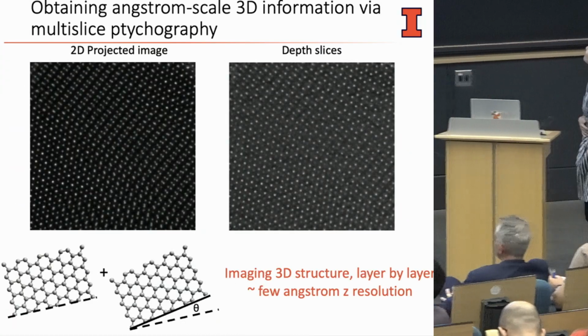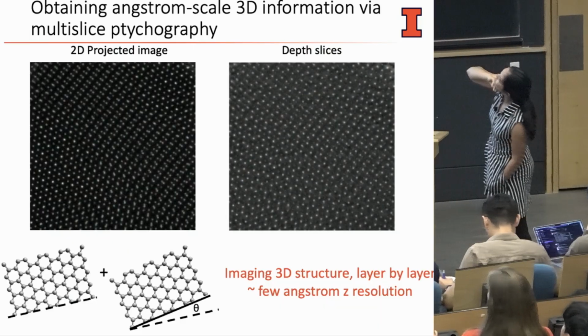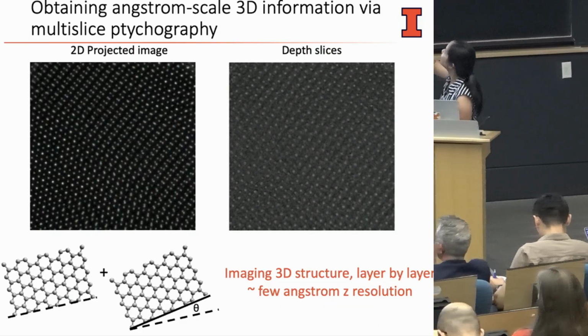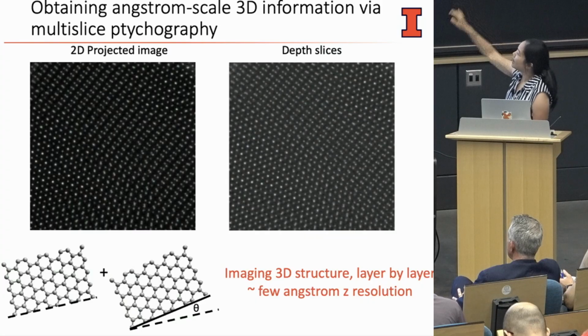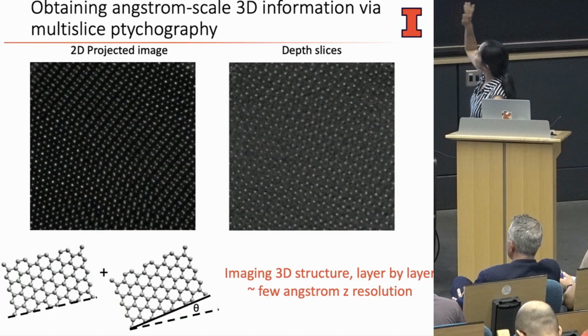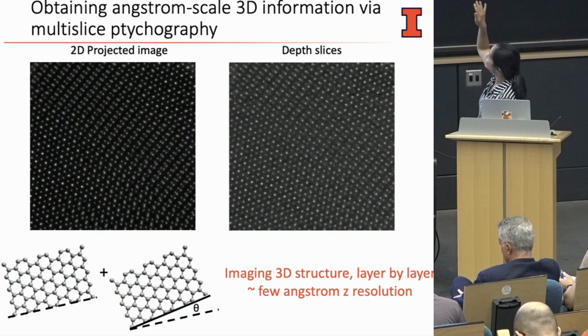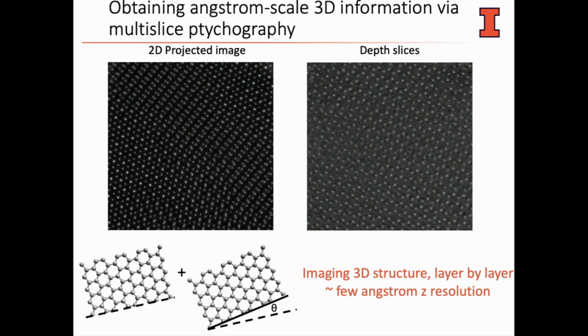So this is our sample. It's made out of 2 distinct layers. Actually, it's the same image that I showed you before, but now we're looking at it with the depth slices on the right. And you can see maybe that it's made of 2 different layers that I can see individually as I slice through different slices of our sample. So we see first 1 layer of atoms, and then another hexagonal layer of atoms slightly rotated.